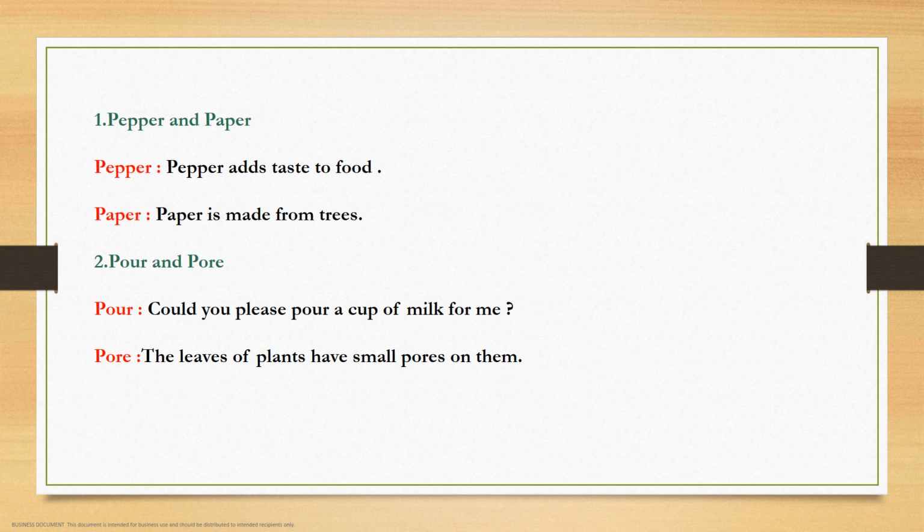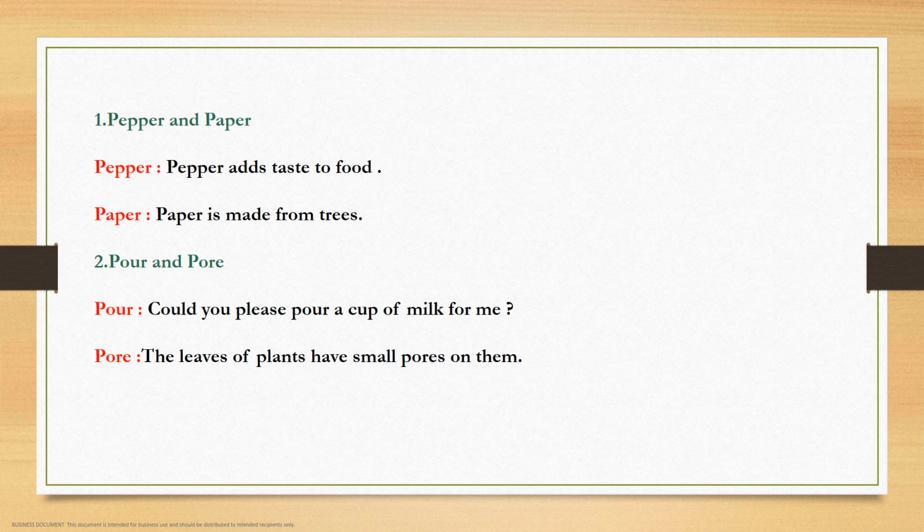It is also a different name for capsicum. Now here I have used it as a spice. Pepper adds taste to food. So when you add salt and pepper to any meal, it becomes tasty. So pepper here is a spice.